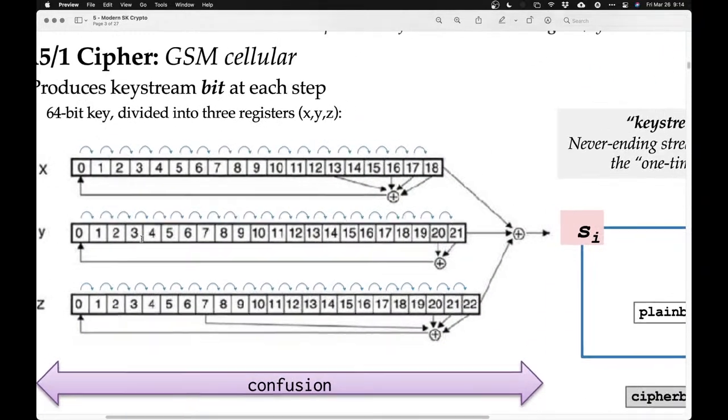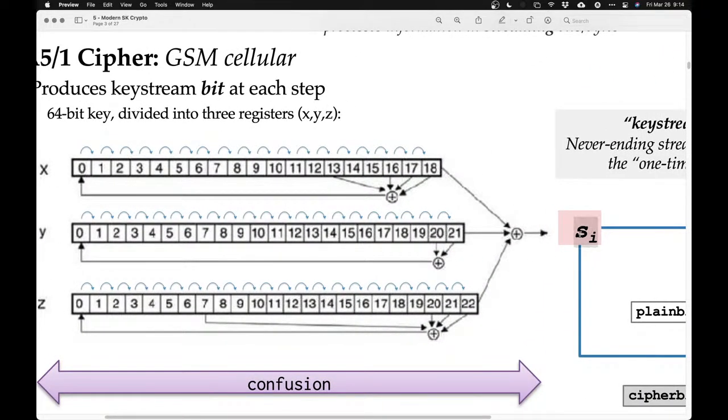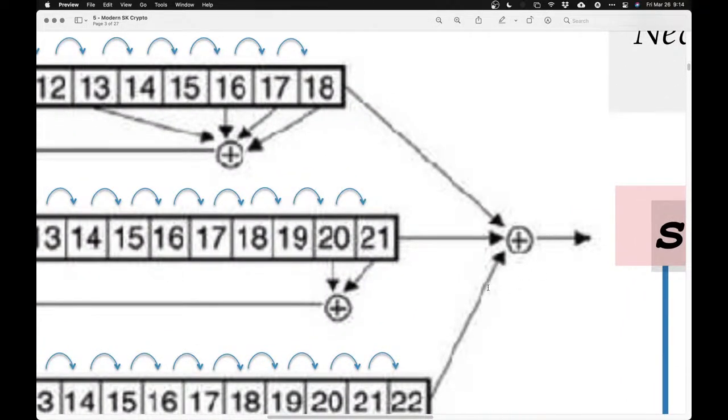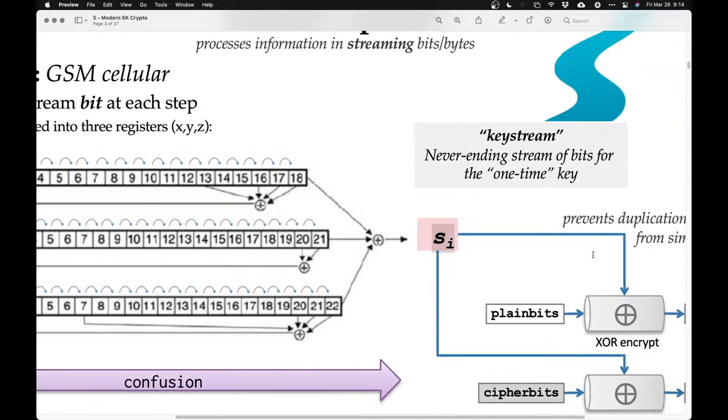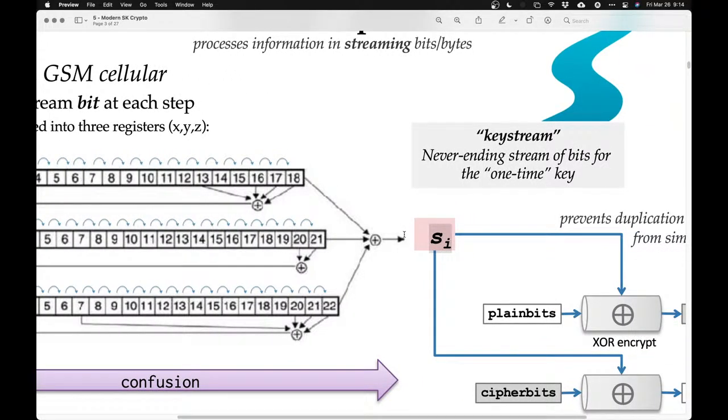And what happens is, every time we want to generate a new bit of the key, we just shift all the bits in the registers over by one. At the end, the last bit of each register, like bit 18, 21, and 22, will get exclusive ORed together, and once they're exclusive ORed together, they will form the new bit for the key.